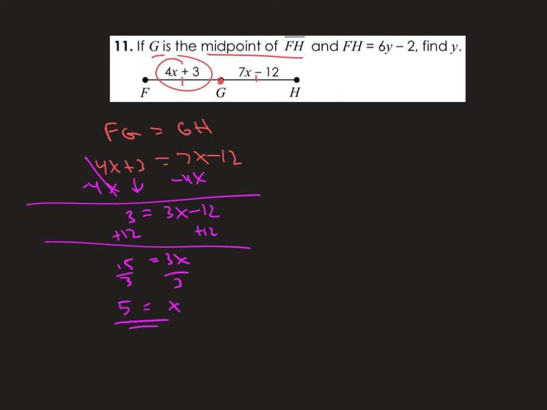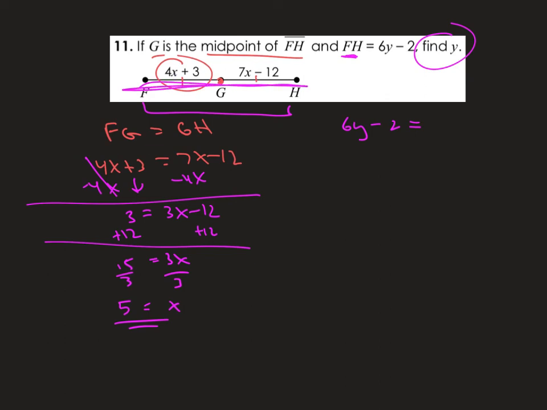Not a problem. So the next thing it says is find y. Y? Where'd y come from? Y has to do with FH. So this whole length is FH. So 6y minus 2 is equal to what? This entire length.